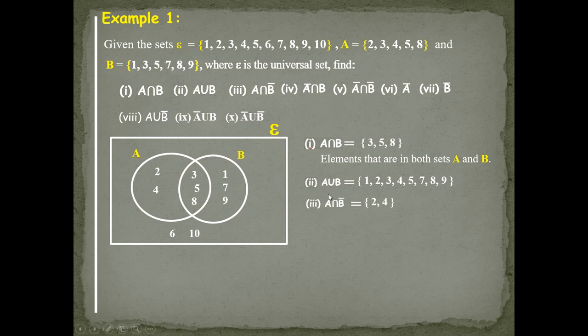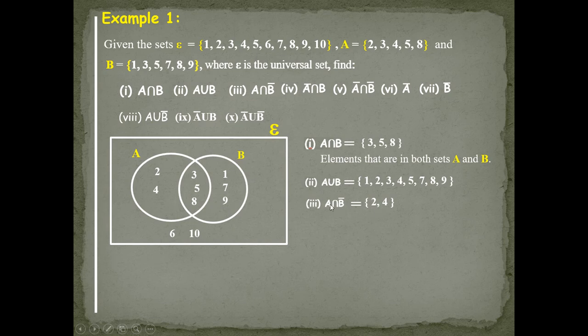If I have issues identifying this, I can use the idea of shading. I just get my pencil, I come and shade set A. The whole of set A, I shade it. Then I come and shade outside set B. B complement, outside set B. So I shade the whole region outside set B with my pencil.